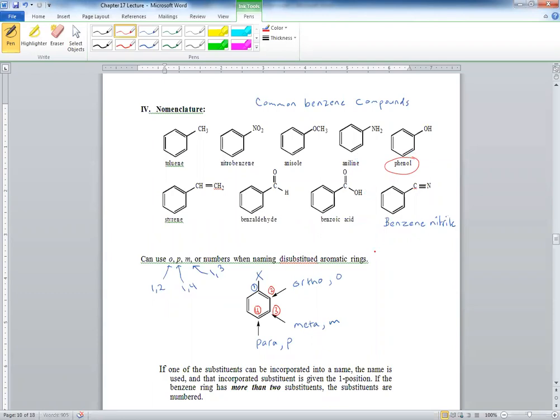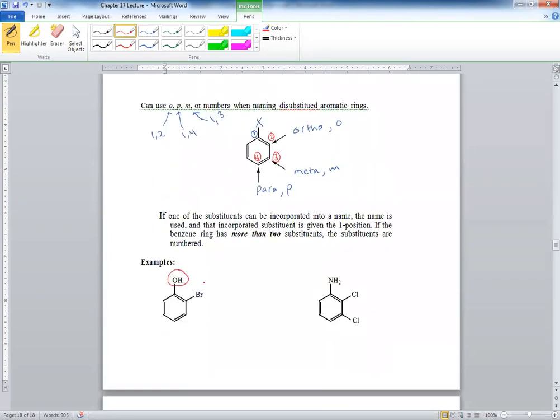So the question is, in what position is the bromo group? And this is the ortho position, O. Or if you number this as 1, then that would be 2. So you have 2 ways of naming this.